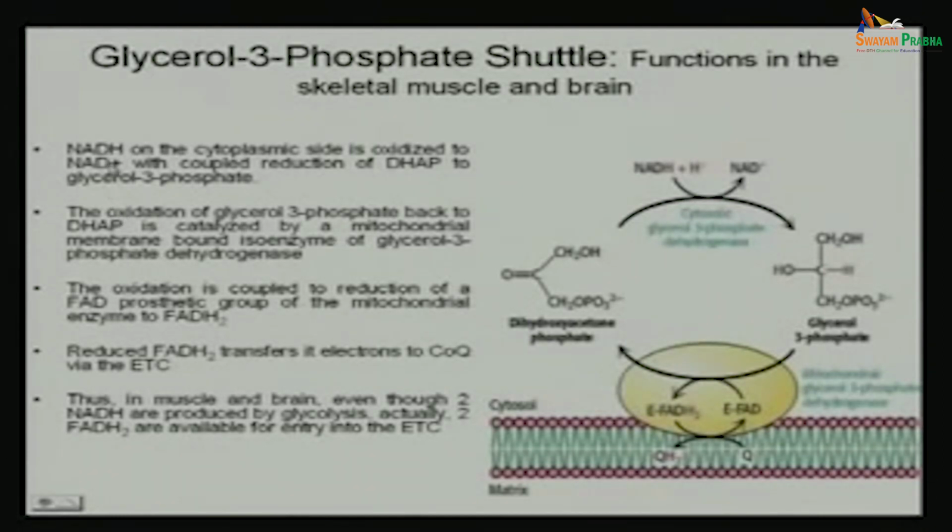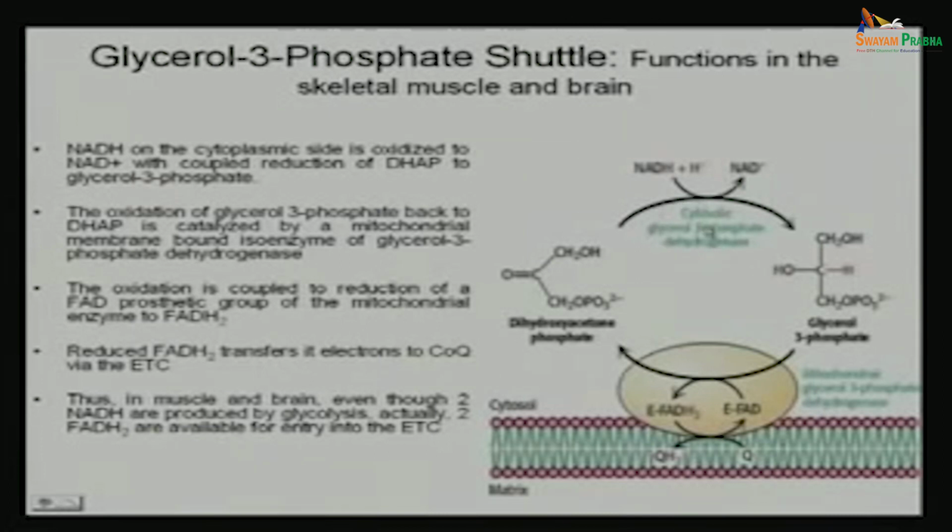As we have already learnt, NADH on the cytoplasmic side is oxidized to NAD+ with coupled reduction of dihydroxyacetone phosphate to glycerol 3-phosphate. The oxidation of glycerol 3-phosphate back to dihydroxyacetone phosphate is catalyzed by a mitochondrial membrane-bound isozyme, glycerol 3-phosphate dehydrogenase.